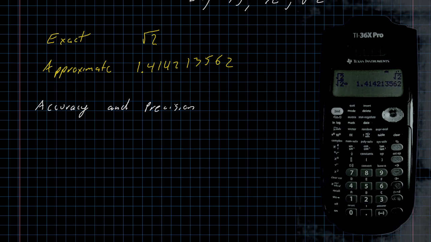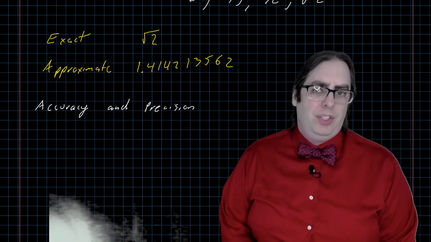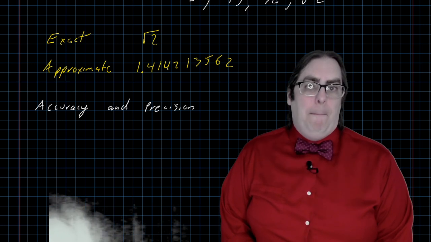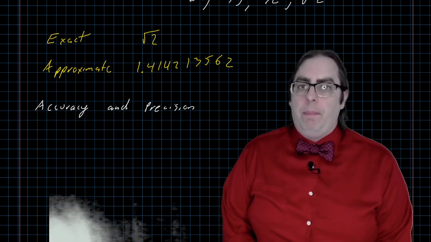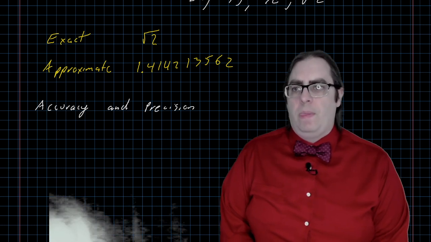In the idea of measurement, there are the concepts of accuracy and precision. And the idea here is essentially, if you are doing measurement, the numbers are only as good as your measuring tools. Right?